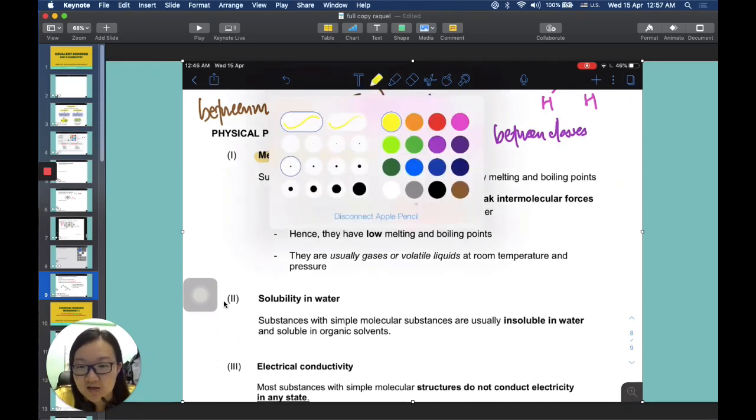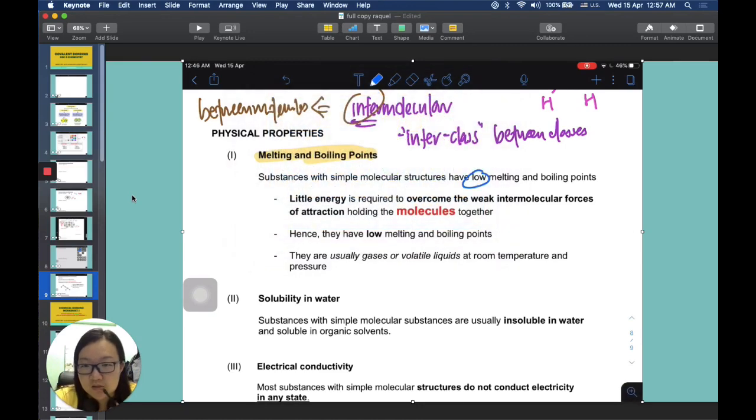Moving on, physical properties. Number one, melting and boiling points. In light of the weak intermolecular forces of attraction between your molecules, covalent compounds, those with simple molecular structures, have low melting and boiling points.